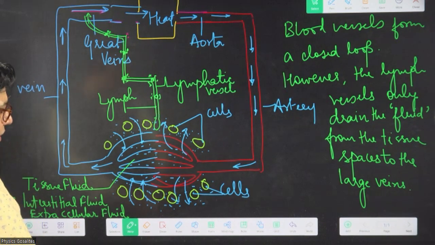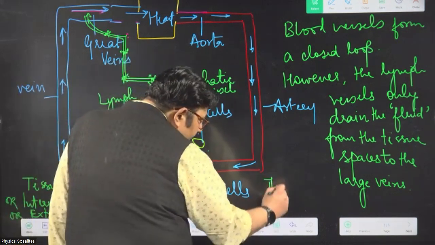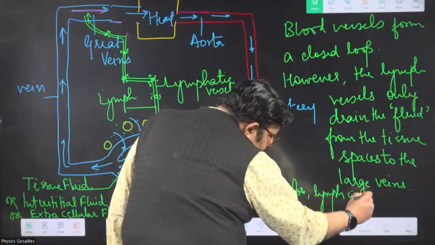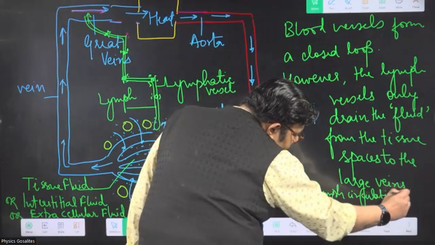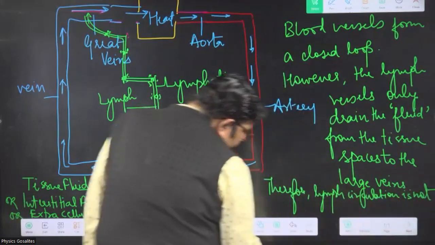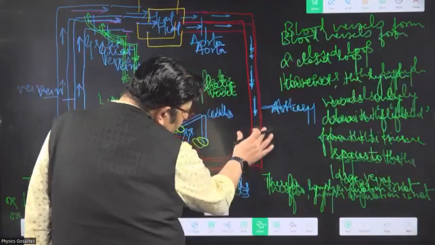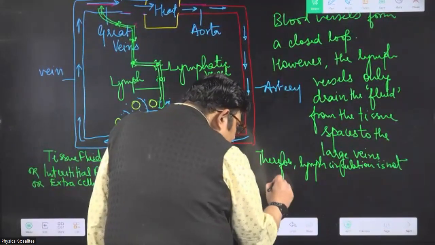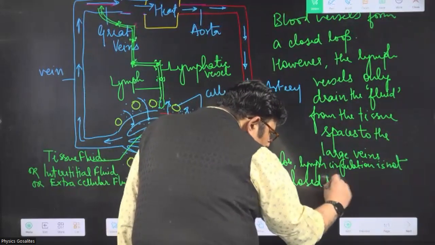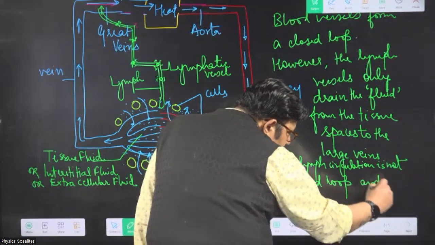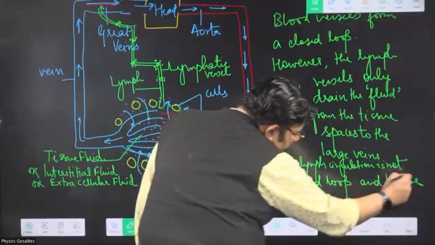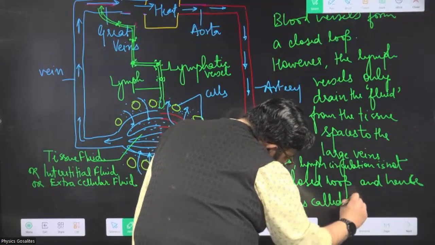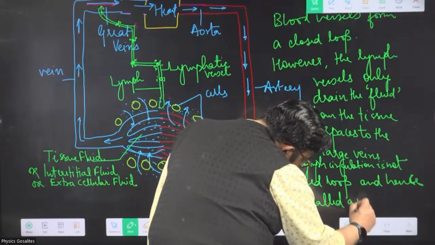So this is not forming a closed loop, and that is the reason why lymph circulation is not forming a closed loop.